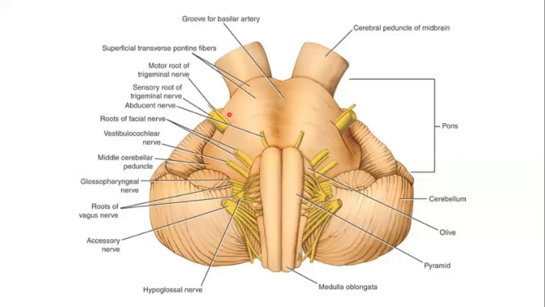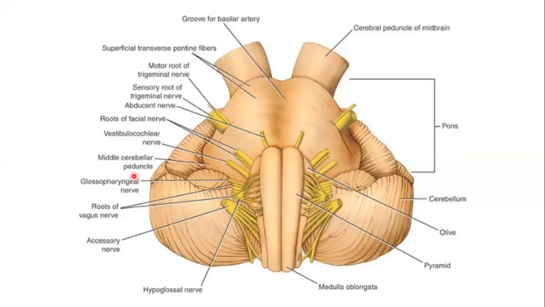This is the general rule. And this is the vestibulocochlear nerve. So this is the layout of the cranial nerves related to the Pons.